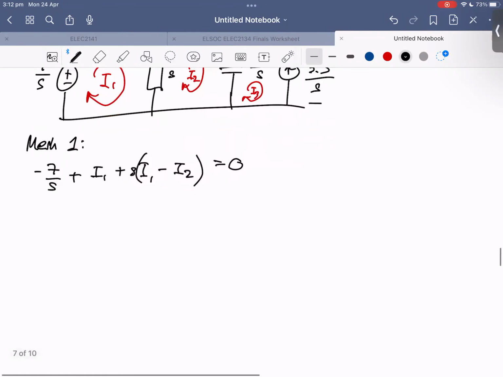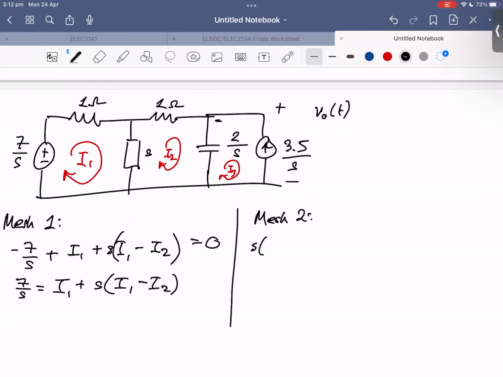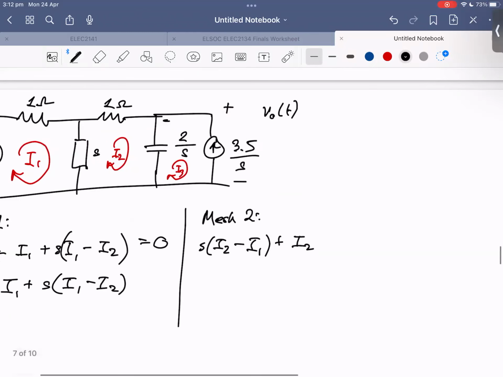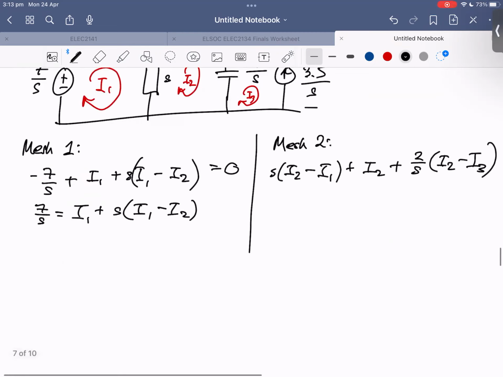So I've got 7/s equals I1 plus s(I1 minus I2). My mesh 2 equation is going to be s times (I2 minus I1) plus 1 ohm times I2 plus 2/s times (I2 minus I3), and that whole thing is equal to 0.